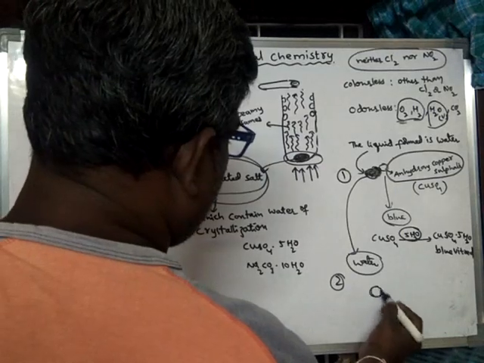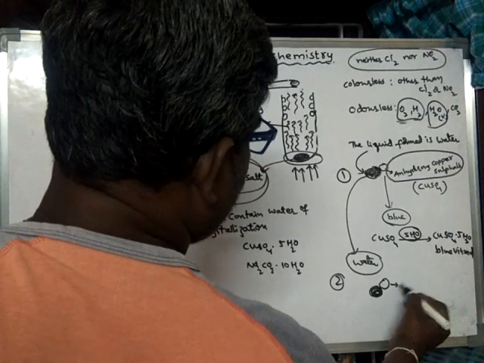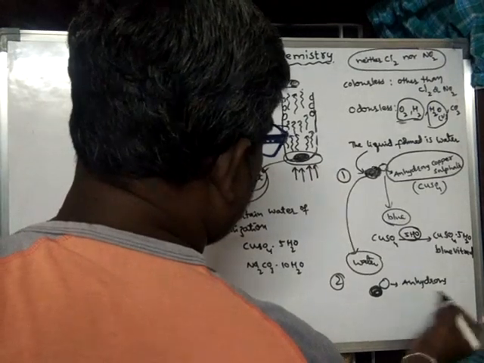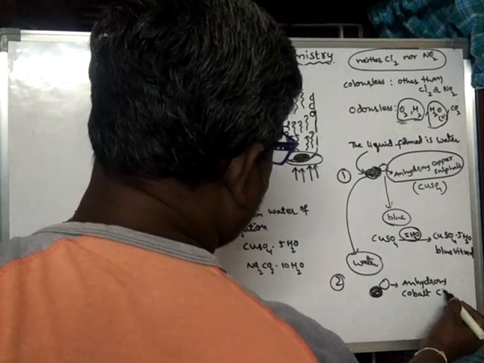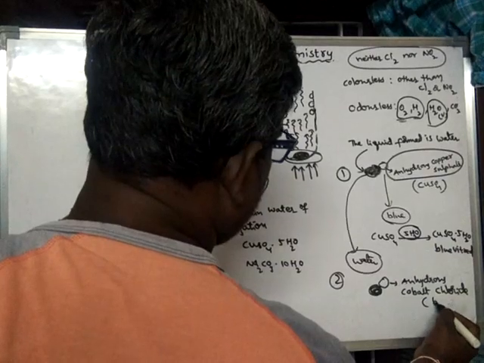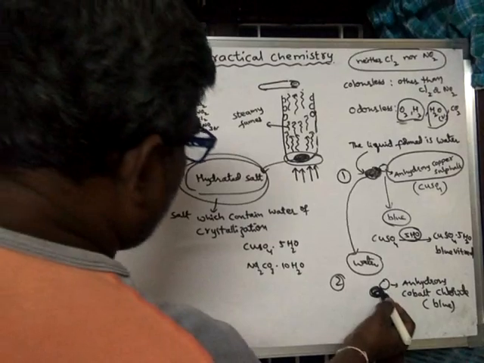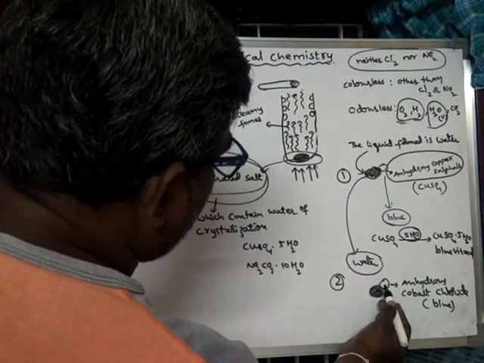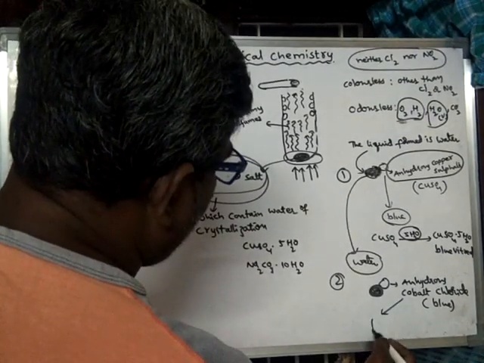In a similar fashion, we may bring anhydrous cobalt chloride. The color of this one is blue. When anhydrous cobalt chloride is made to touch the liquid, what happens? The color of the anhydrous cobalt chloride will turn to pink.